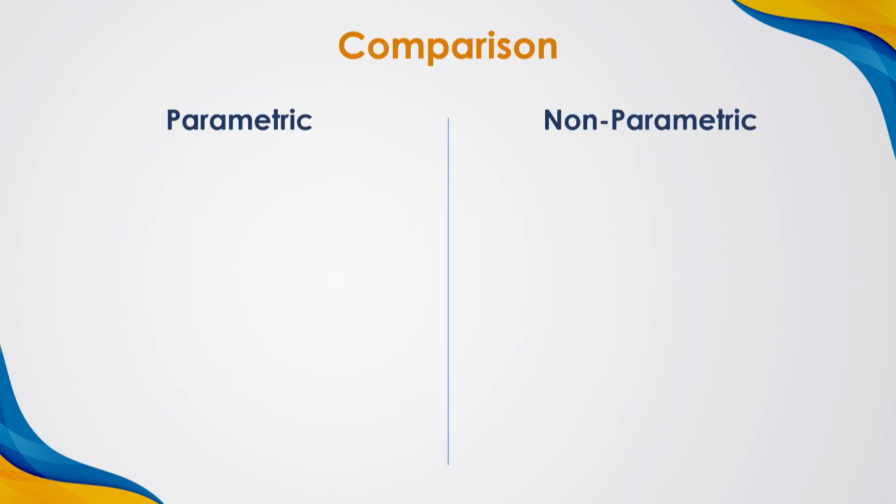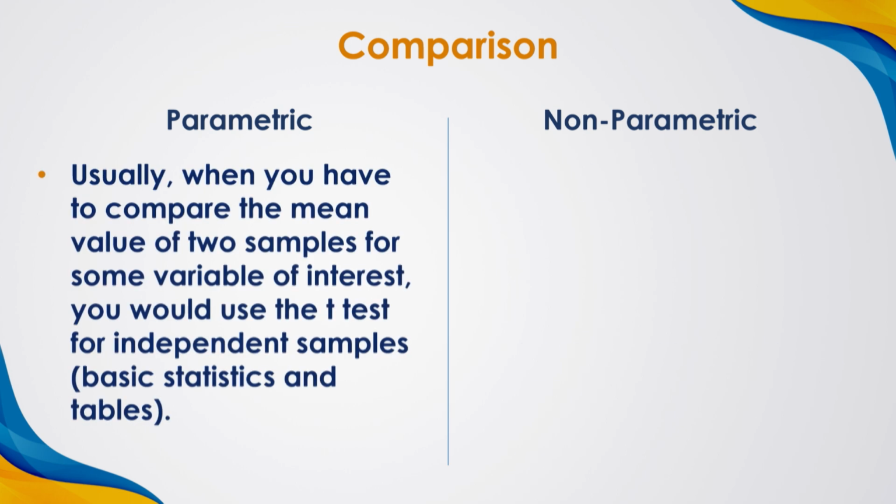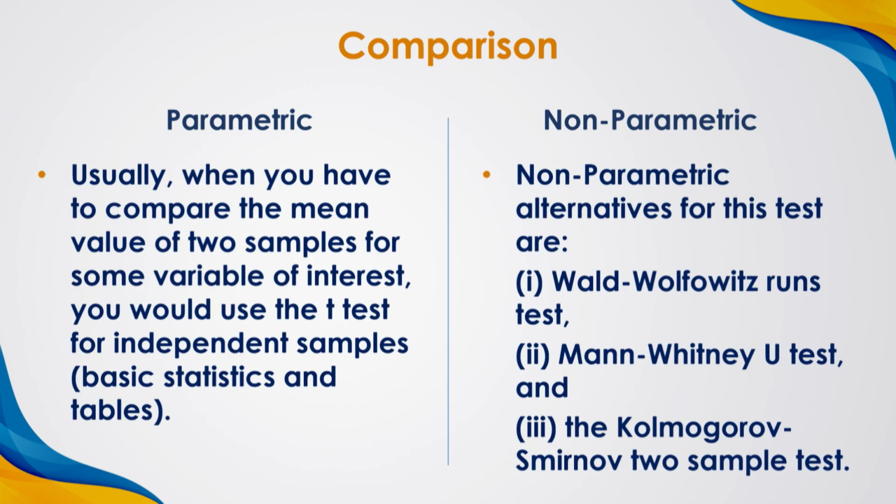Comparison, parametric, non-parametric. When you have to compare the mean value of two samples for some variable of interest, you would use the t-test for independent samples. Corresponding to that, in non-parametric, we have the tests, namely Wald-Wolfowitz run test, Mann-Whitney U-test, and the Kolmogorov-Smirnov two-sample test.